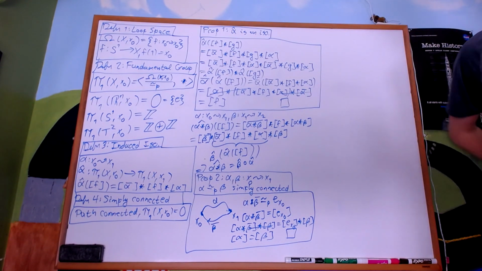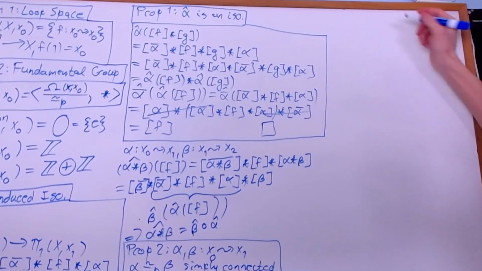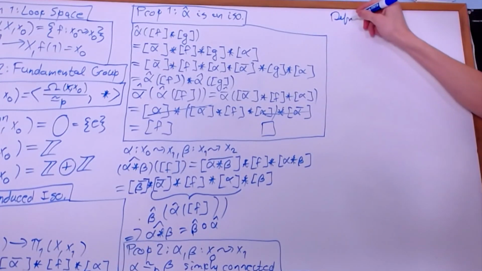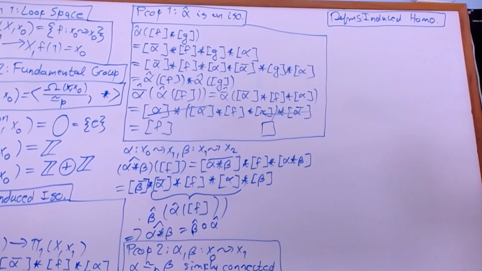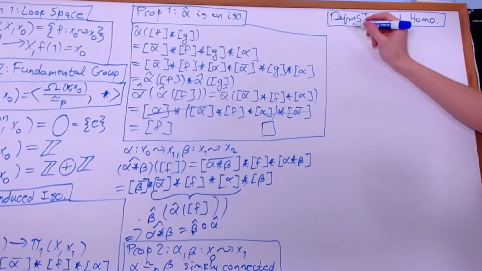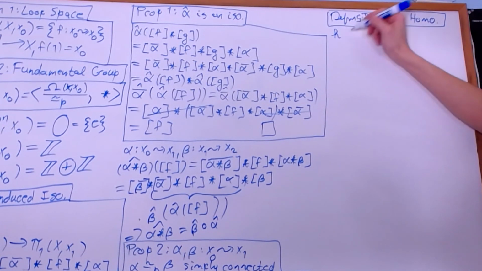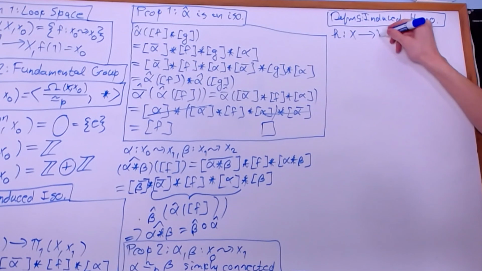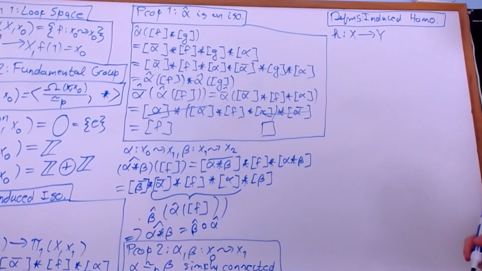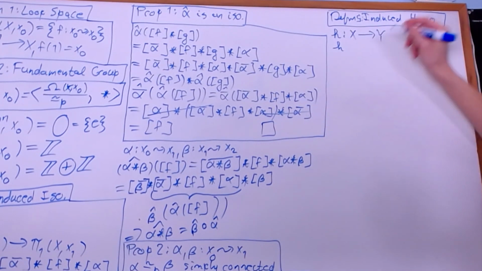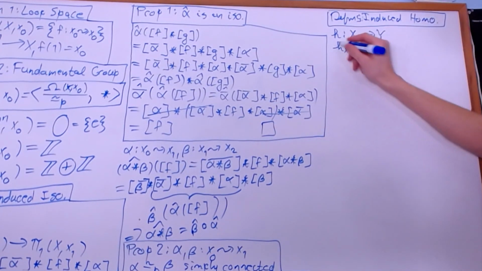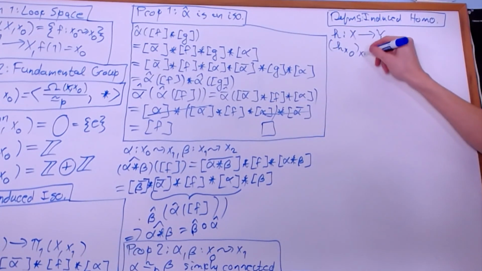Now we can look at even more induced structures. For instance, we can do an induced homomorphism. So what an induced homomorphism is, we can take any map, h, any continuous map that goes between two topological spaces, and we can induce a homomorphism, which I'll call h at x0 star.